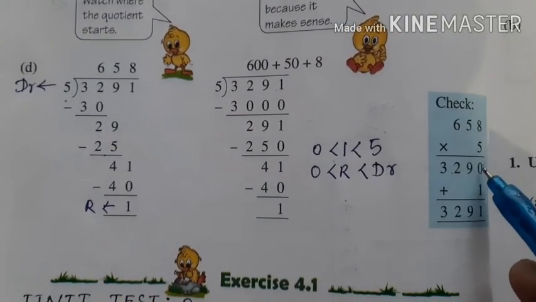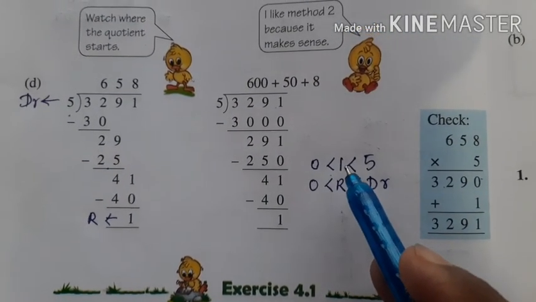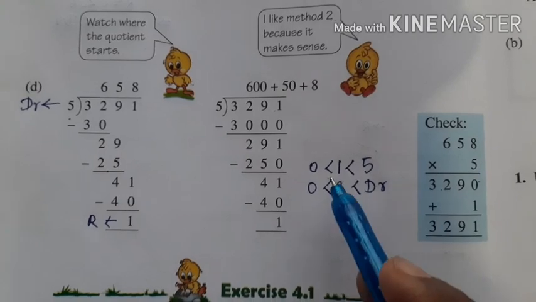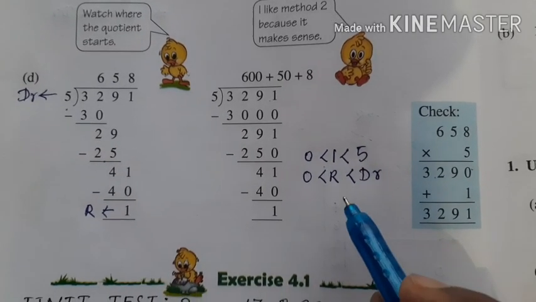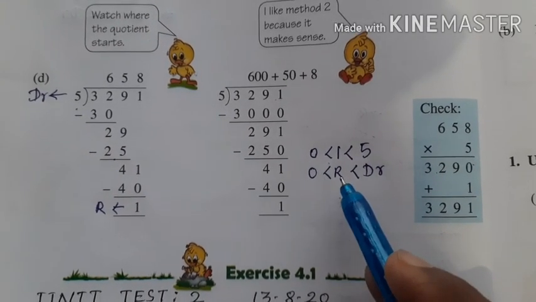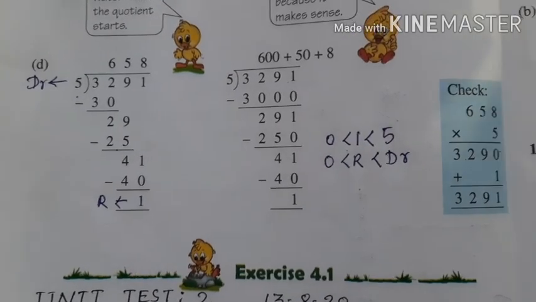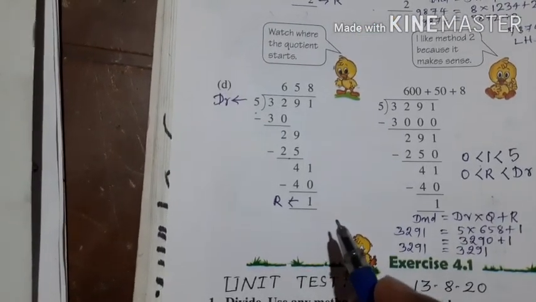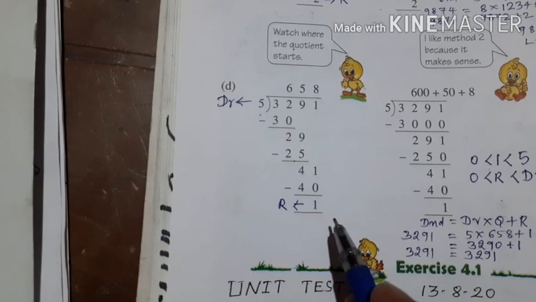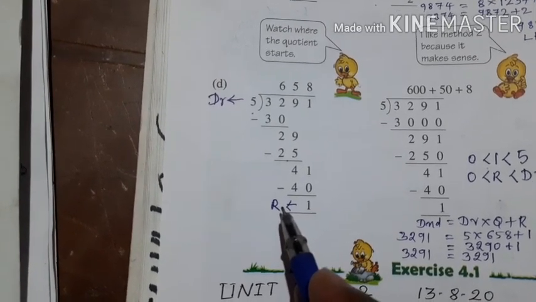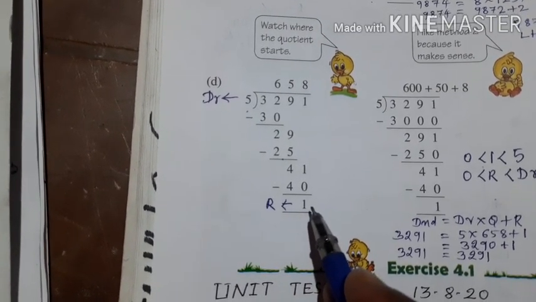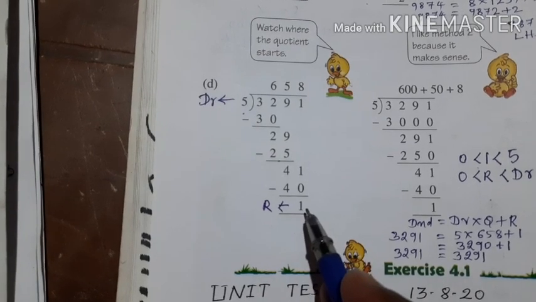Therefore, I can conclude here, children, the remainder 1 is greater than 0 and less than the divisor 5. Therefore, here also the remainder is greater than 0 but less than the divisor. So children, here in this example also the remainder is equal to 1, means the remainder is not equal to 0.